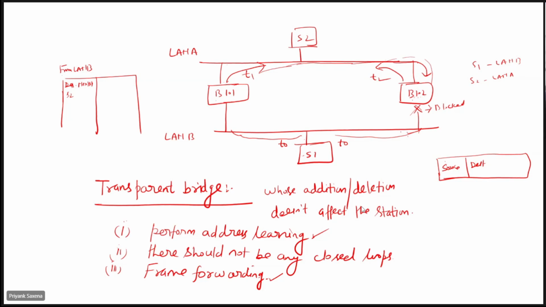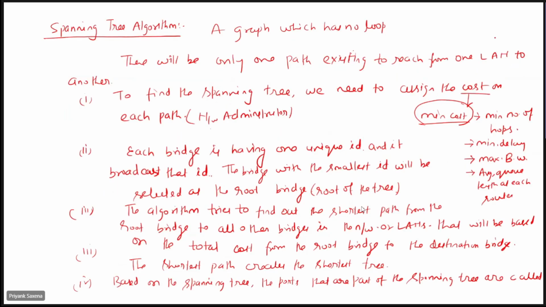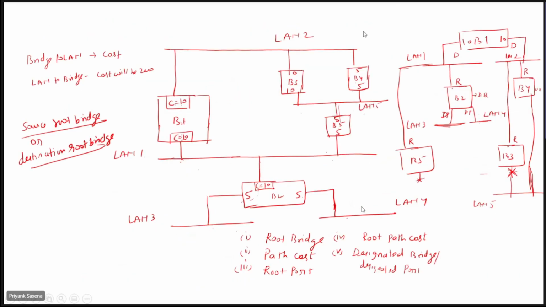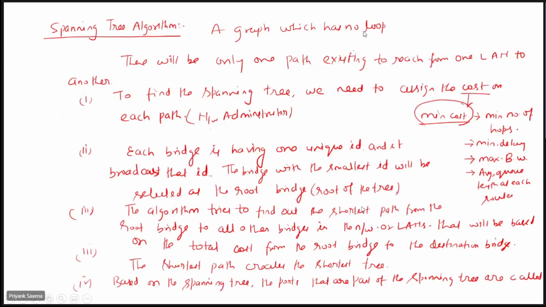Yesterday I hinted at the spanning tree. So what is a spanning tree algorithm? A graph which has no loop. There will be only one path existing from one LAN to the other LAN, or from one bridge to the other bridge. There will not be any closed loop, so the closed loop problem will not come.